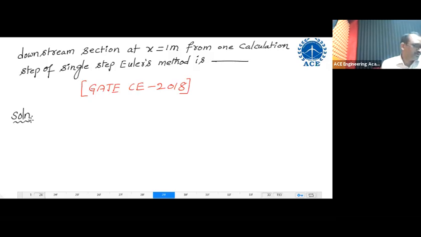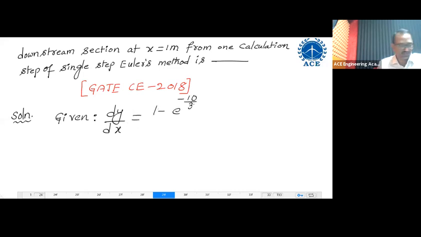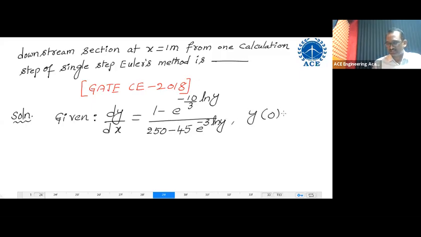Remember, you are given dy by dx equal to 1 minus e power minus 10 by 3 ln y, over 250 minus 45 minus e power minus 3 ln y. The initial condition was also given: y value at x is equal to 0 is 0.8 meters.